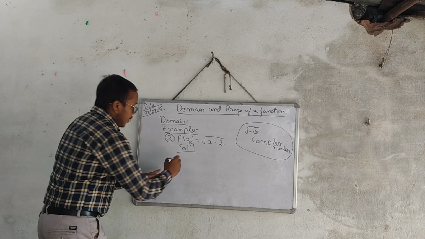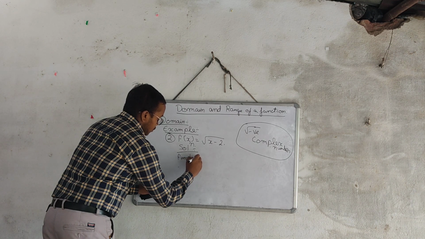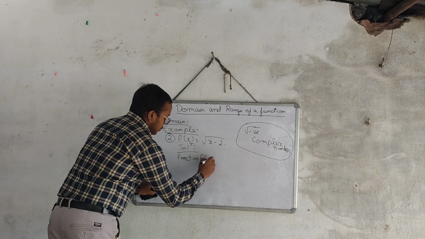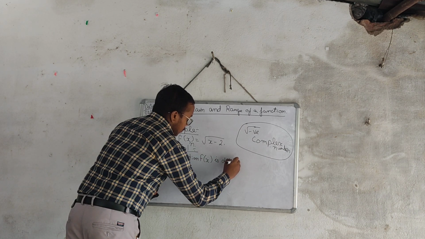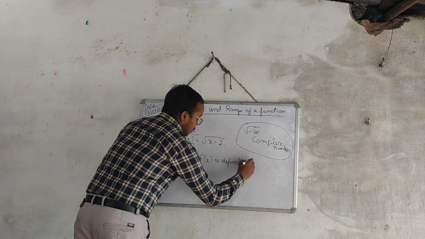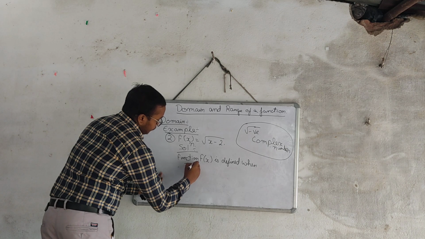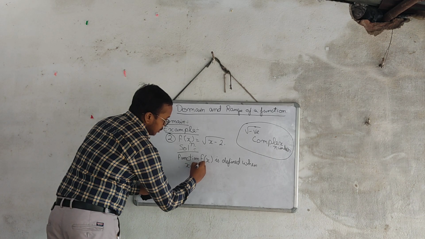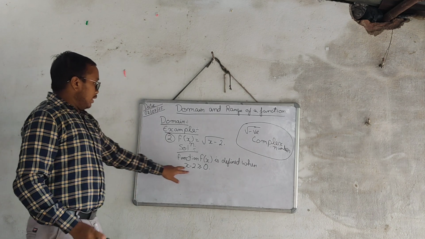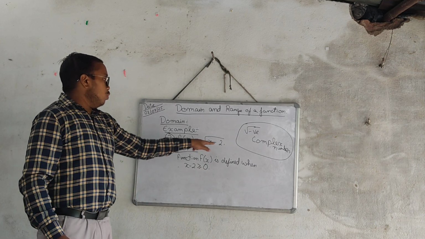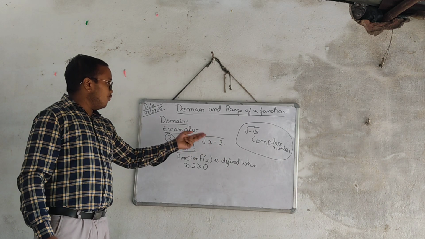Therefore, here function f(x) is defined when x minus 2 is always greater than or equal to 0. If we take x minus 2 greater than or equal to 0, we'll always get non-negative values under the root, which will define our function.